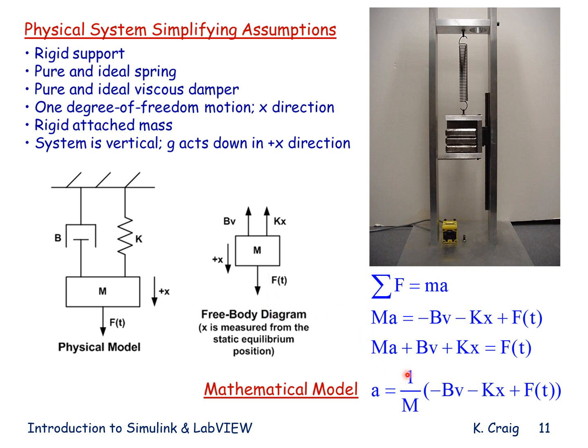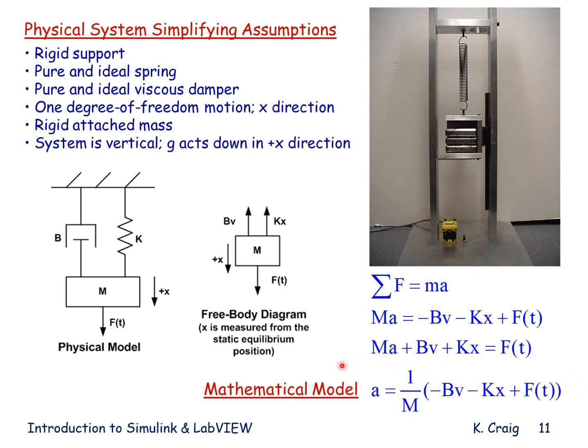If I rearrange the equation, I get mass times acceleration plus b times velocity plus k times displacement equals the externally applied force. If I now solve for the acceleration, I get the acceleration equals 1 over the mass times the sum of minus b times the velocity minus k times x plus f of t.